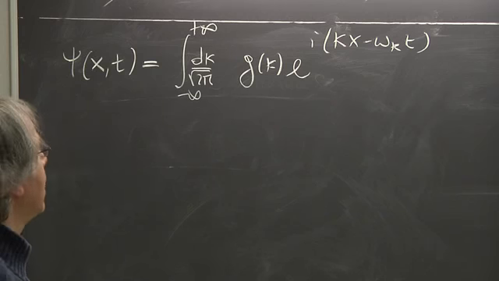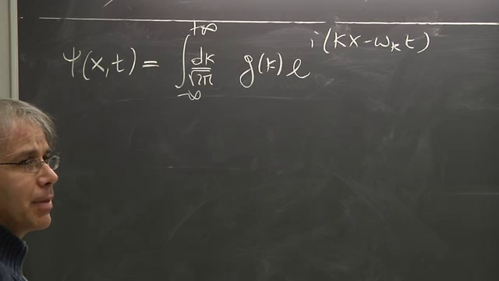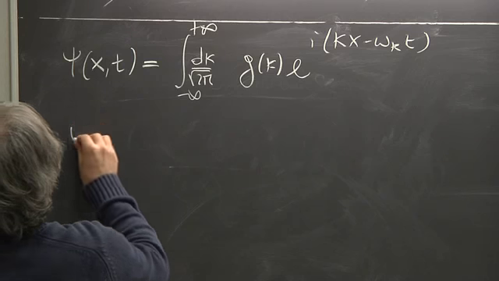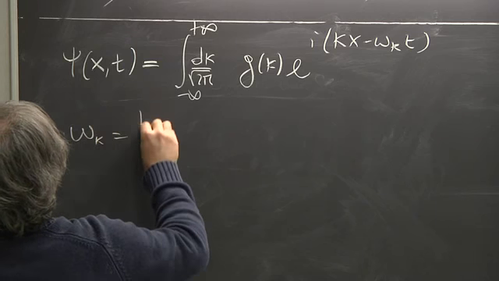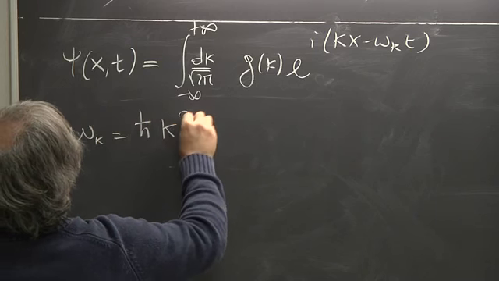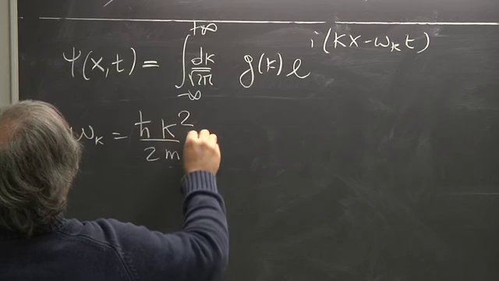Where, in order for this to describe really something moving like a non-relativistic particle, omega of k should be h bar k squared over twice the mass, okay?